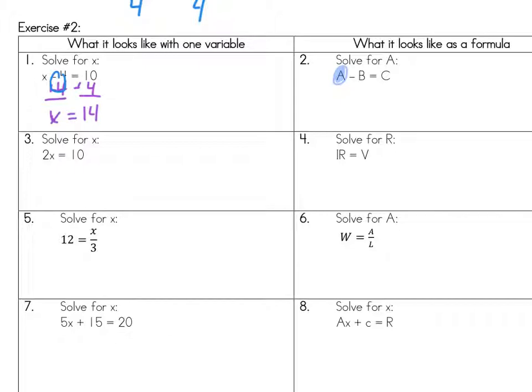And we are going to do that by using our strategies, either using the inverse operations or using the sorting method. But because in example 1, I added 4 to both sides, I'm actually going to do something with this minus b.